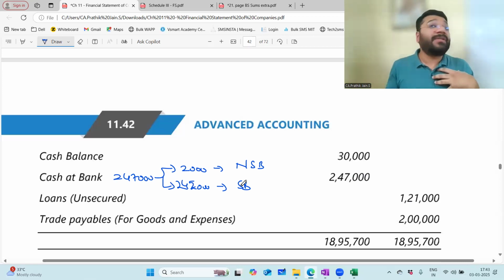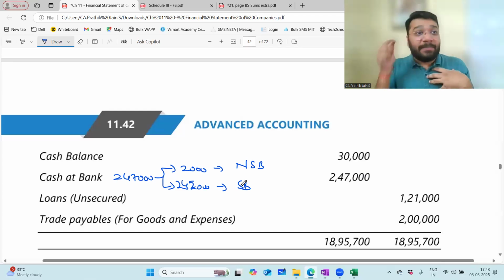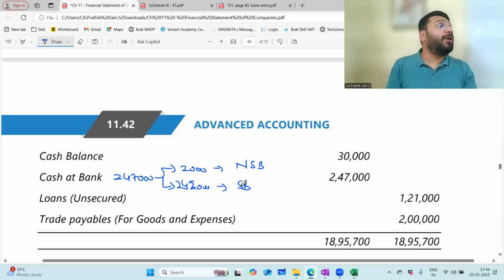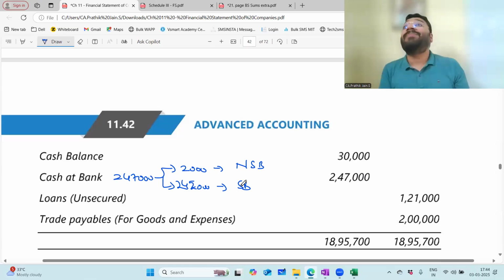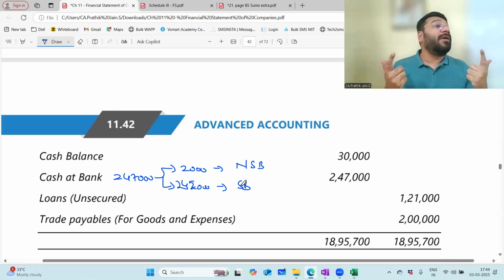Non-scheduled banks are those banks which do not come under RBI. They are not registered under Schedule 2 of the RBI Act. It means if some mischief or wrong is done by those banks, RBI does not have any hold. So Schedule 3 says that if your company has put any money in a non-scheduled bank, you have to make that information known to those seven people. If too much money is in a non-scheduled bank, it is a sign of high risk.